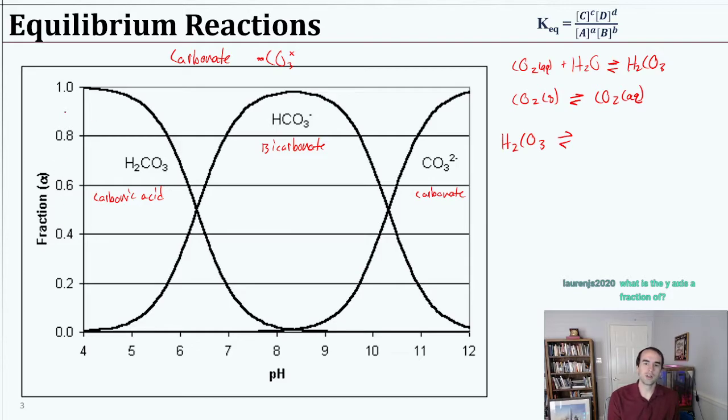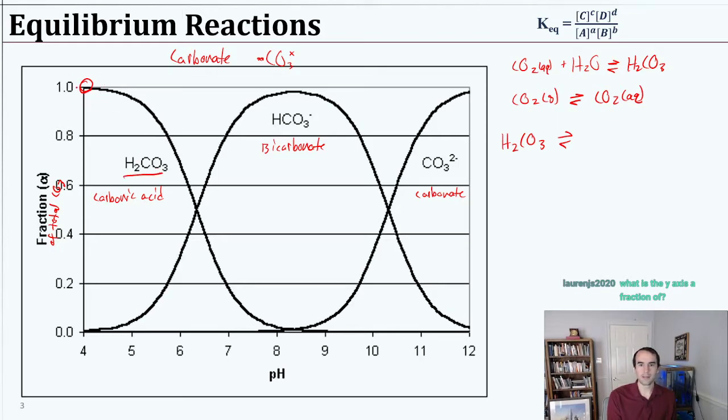This is the fraction of total carbonate in the system. So this is, let's see if I can write sideways, the fraction of total CO3 species, so any type of CO3, in the system. Right here, this means that all of the carbonate in the system is in this form.